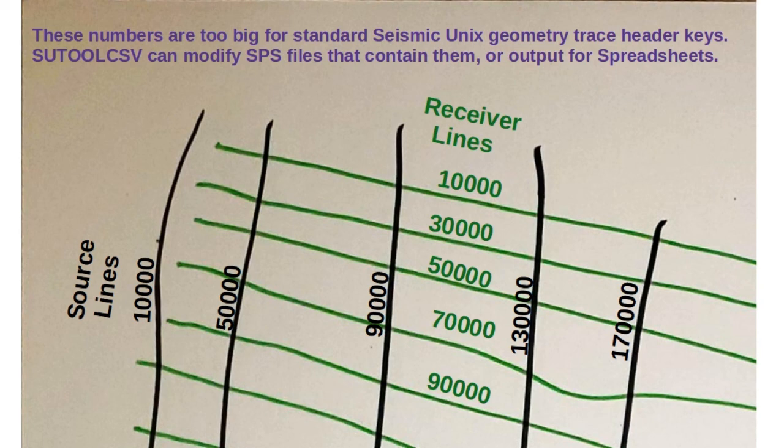This can often be accomplished by program SU Tool CSV or by use of spreadsheet programs such as LibreOffice Calc. Next, I am going to run a few jobs to give you the general idea of how GeoCSV works. But since SPS files are complex, I am going to use simpler files to demonstrate.